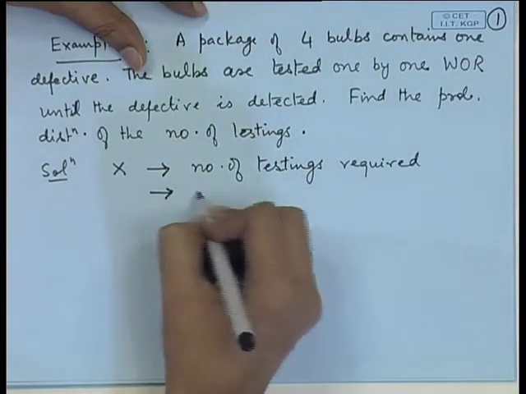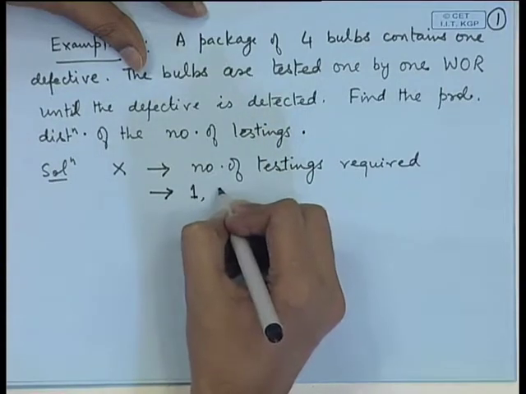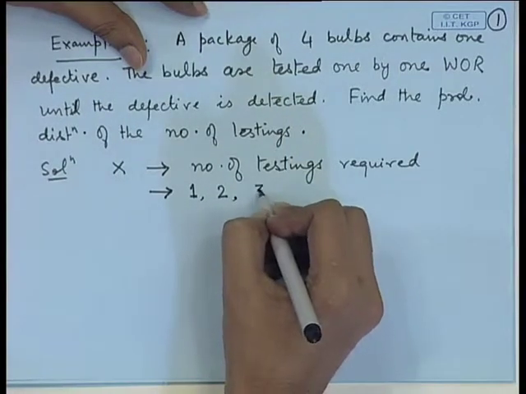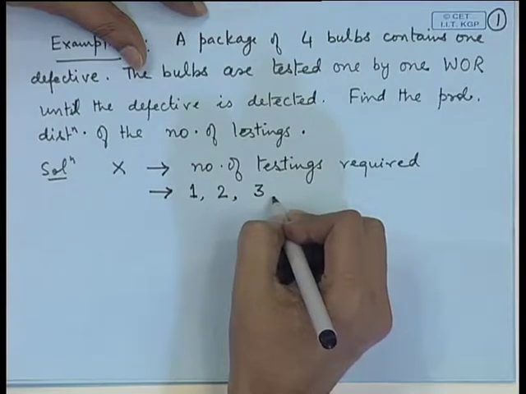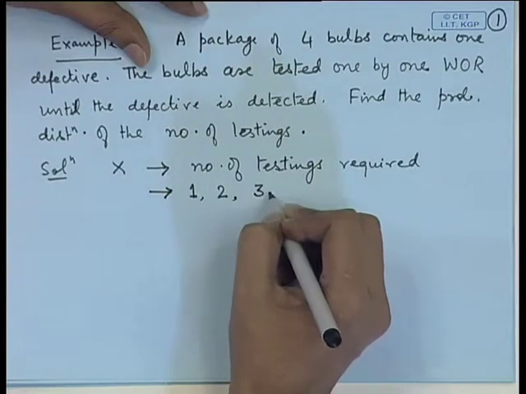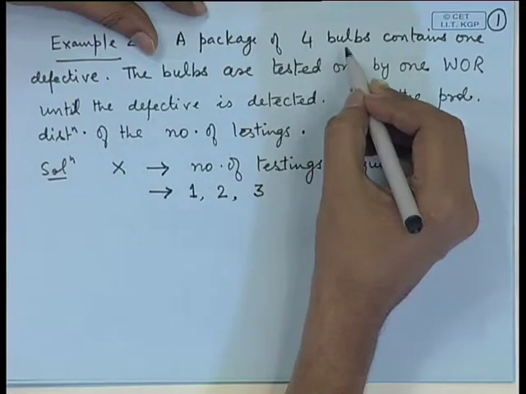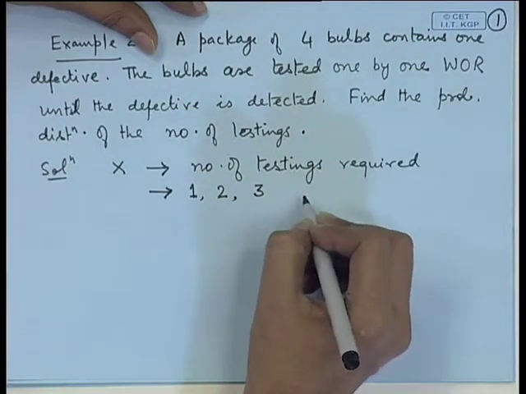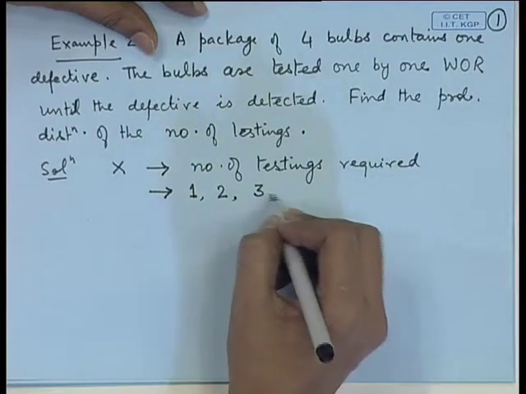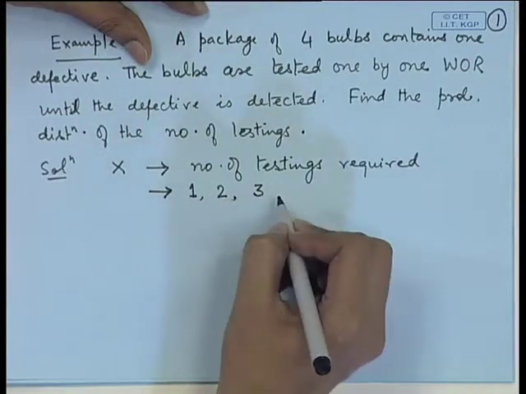Here, if we test once, that itself may be a defective, or if that is not so, the second one may be defective, or if that is not so, the third one may be defective, or if that is not so, the fourth one may be defective. However, if the third one is found to be not defective, since there are only 4 bulbs in the package, the fourth one will be automatically treated as the defective. So, in reality we do not need 4 testings, we need only 1, 2 or 3 testings.